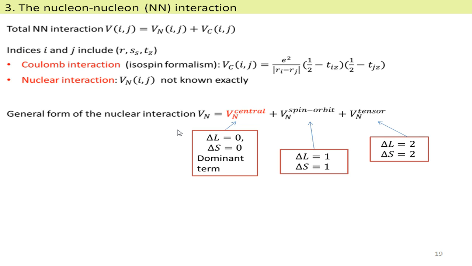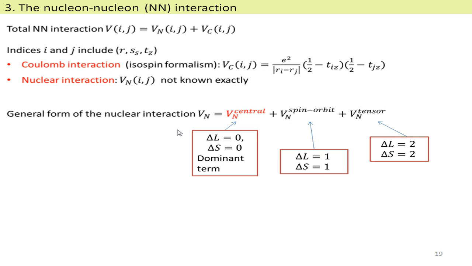Well, we know that the nucleon-nucleon interaction contains two terms, one which is the nuclear part and another one which is the Coulomb part. And the Coulomb part is written here in the isospin formalism. So this is written for neutrons as well as for protons. You can see here that if one of the two particles is a neutron, so the isospin is +1/2, one of these two terms is 0, so the Coulomb force is 0.